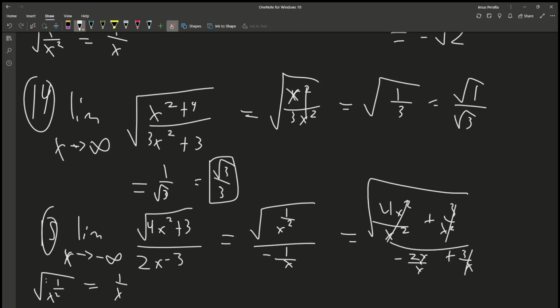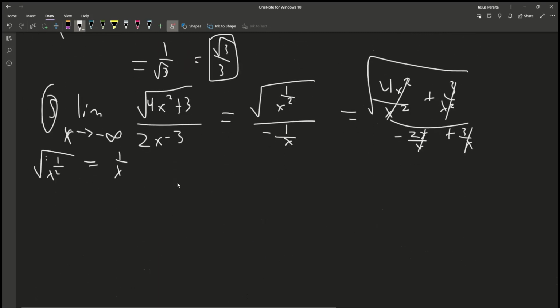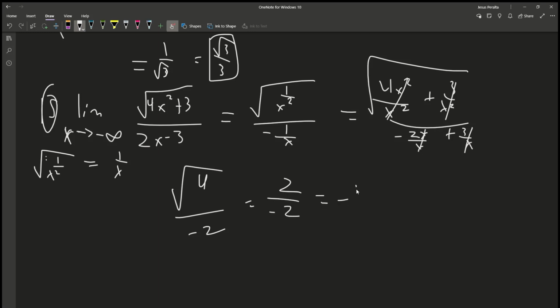These two cross out. So then we are going to have square root of 4 over negative 2. Sorry, it's going to be 2 over negative 2, which is equal to negative 1. For number 15, we get exactly that.